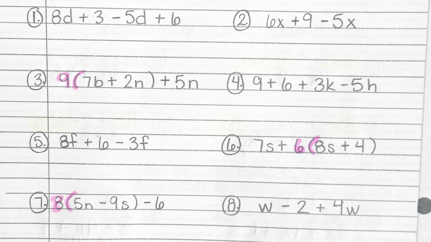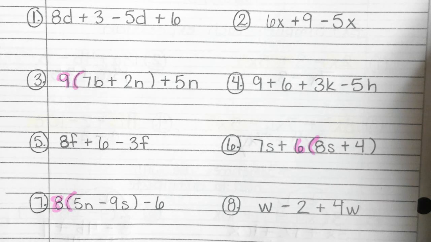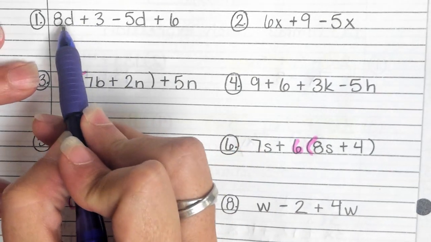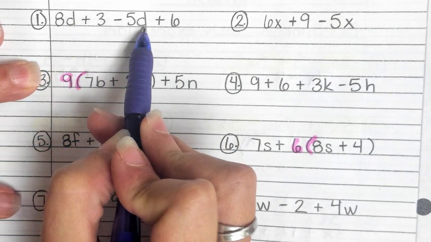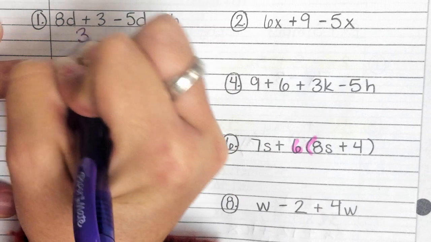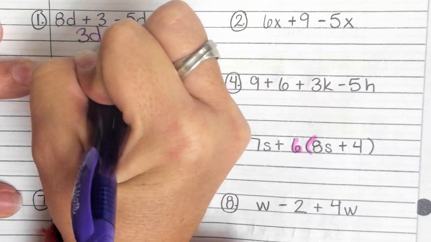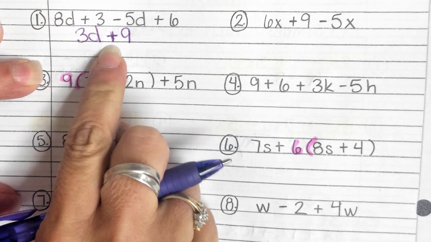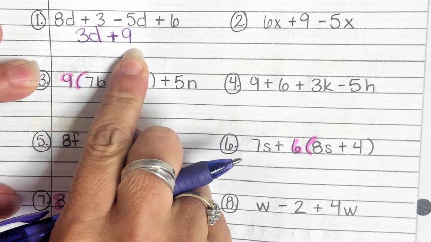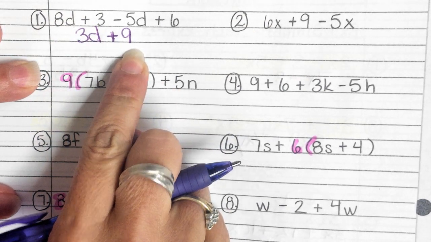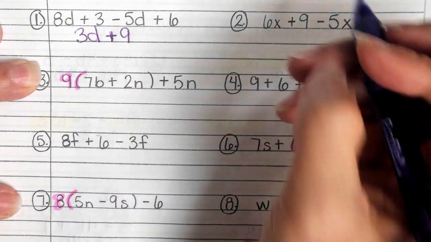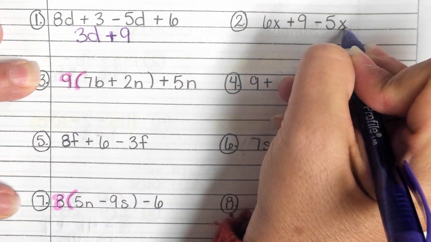We're gonna check a few. So listen, check a few. Like on number 1, I'm assuming you put the 8d minus 5d together. Got 3d. 3 plus 6 is 9. So 3d plus 9. Everybody good on that one? Okay. The second one here, the 6x minus 5x.